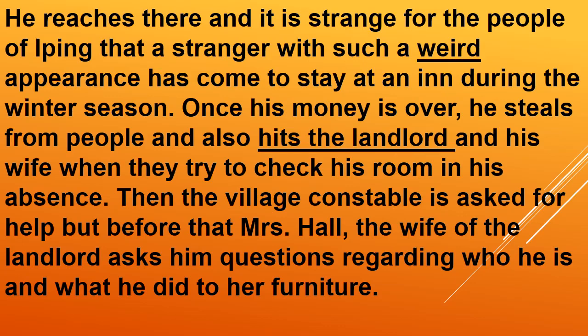Weird means strange. Once his money is over, he steals from people and also hits the landlord and his wife when they try to check his room in his absence. Actually, Griffin came out of the crowded London and took a train to the village Iping. There he booked 2 rooms at the local inn, and the owner's wife, Mrs.